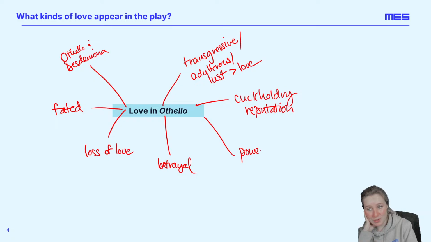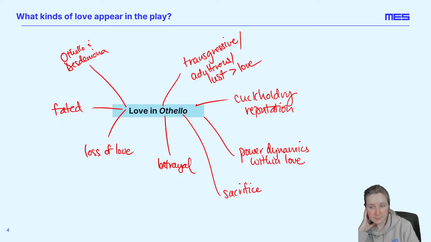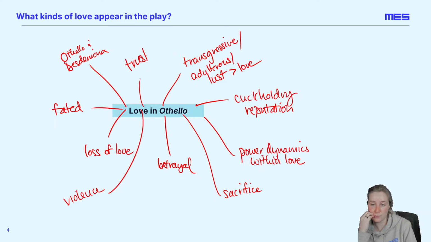Power dynamics within love, right? Which leads us to ideas of sacrifice then, right? Love and violence being brought together. Love as this idea of trust.